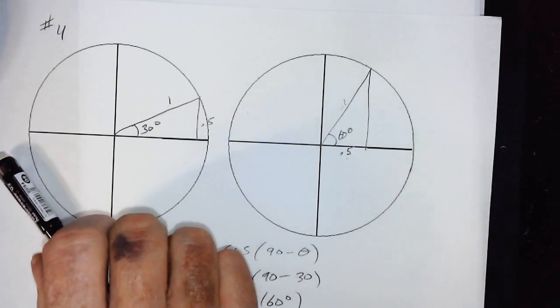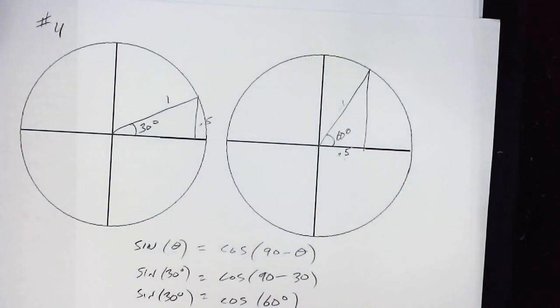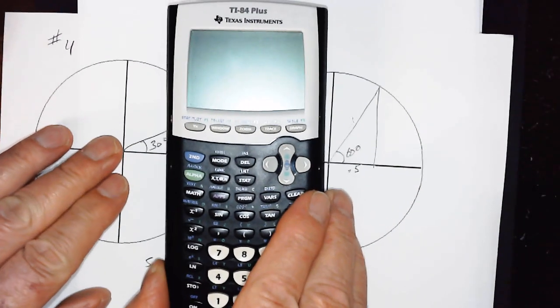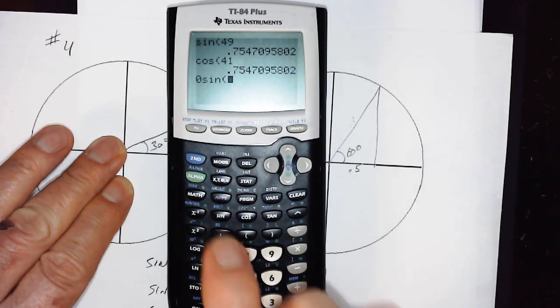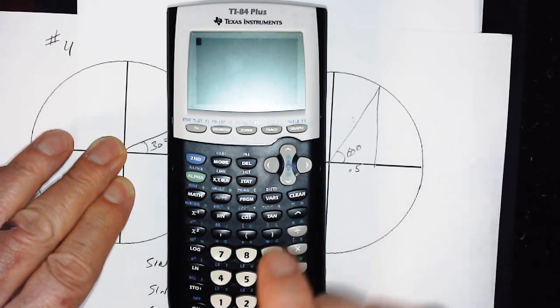And if you don't believe me on that, where's my calculator? You can just check it like this. Here's my calculator. I'll ask for the sine of 30, well, I put it in wrong. Wait a minute.